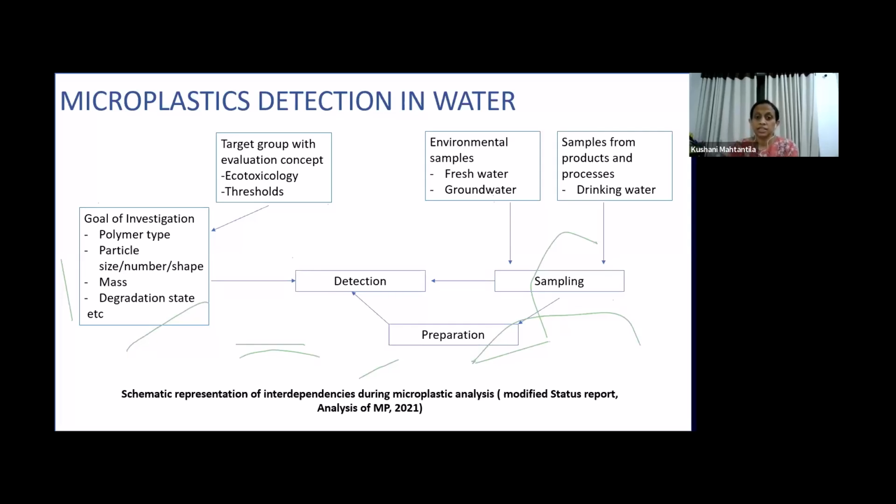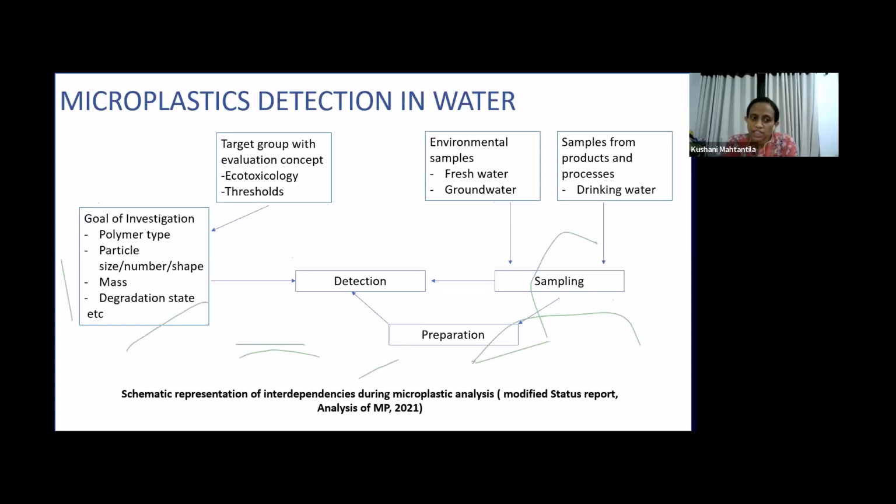However, the detection techniques depend on the target group with evaluation concept. If we want to analyze the ecotoxicology, then the number of particles, size of particle, distribution of particles and shapes are important, because the smaller the size, the more it can enter our body through the digestion tracts. And the polymer type is also important. But then we have to use spectroscopic techniques.